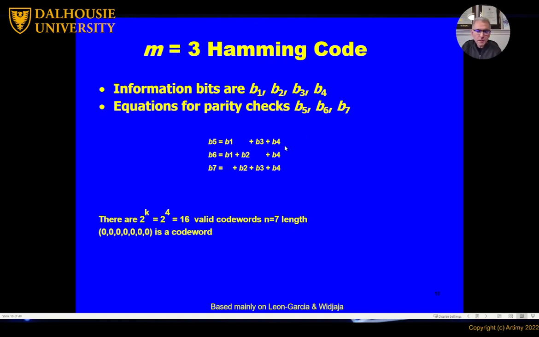They are parity bits. So B5 is the result of the addition of B1, B3, and B4. B6 is the addition of B1, B2, B4, and we are adding using XOR, right? And B7 is the addition of B2, B3, B4.